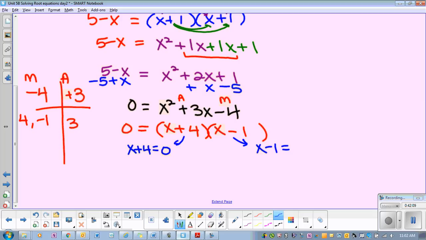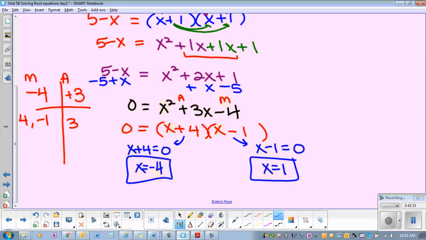X minus 1 equals 0. I expect everyone to be writing this down. This is the hardest type of problem you're going to get. X equals negative 4. And x equals 1.